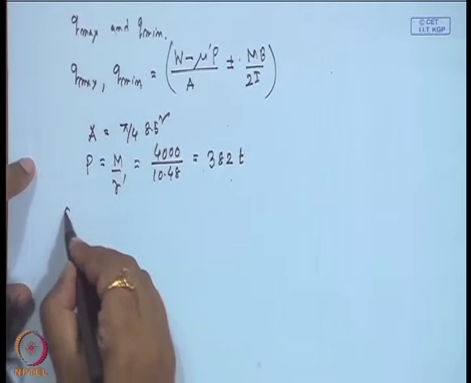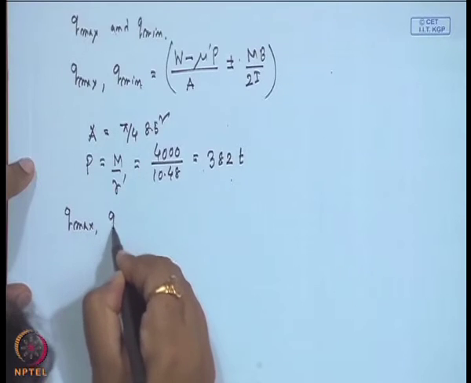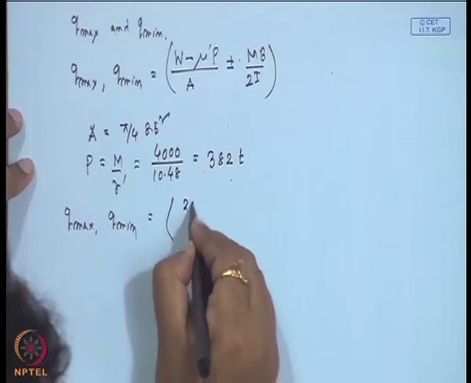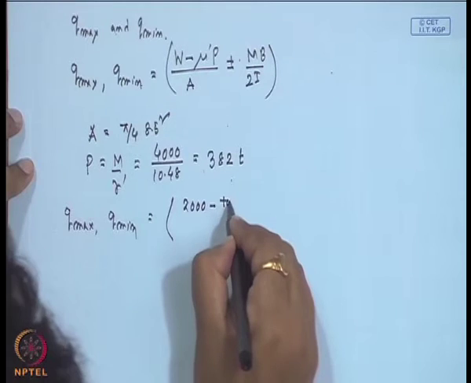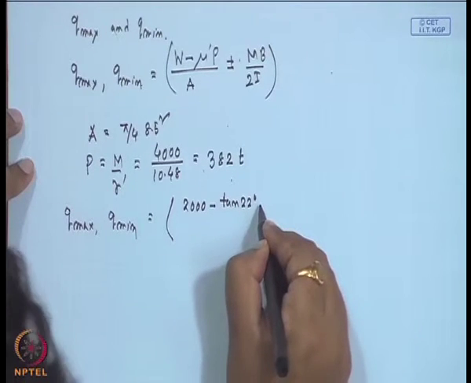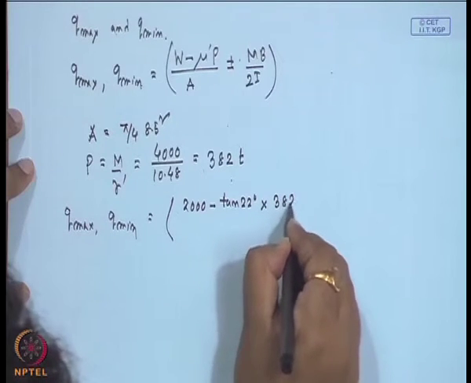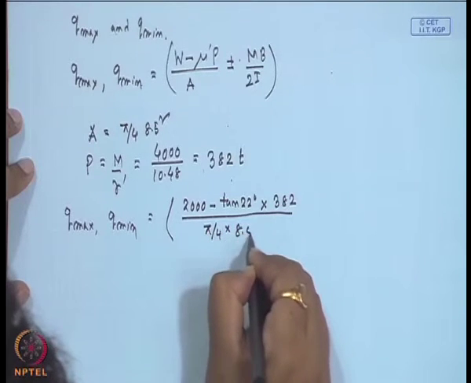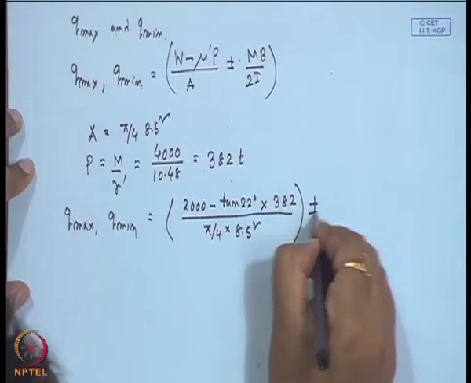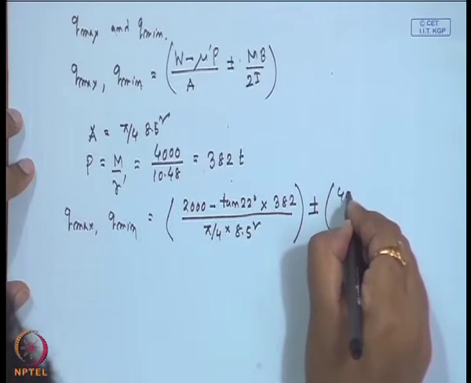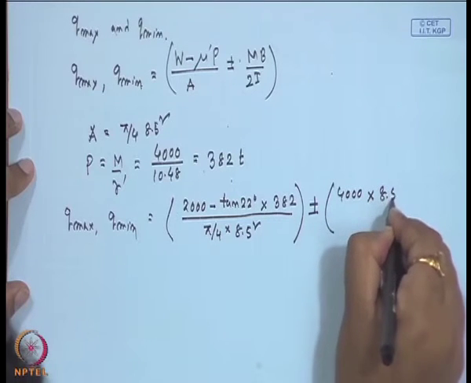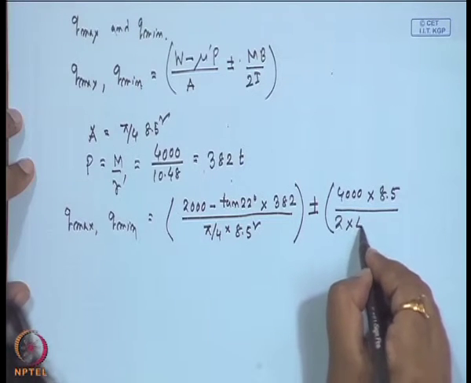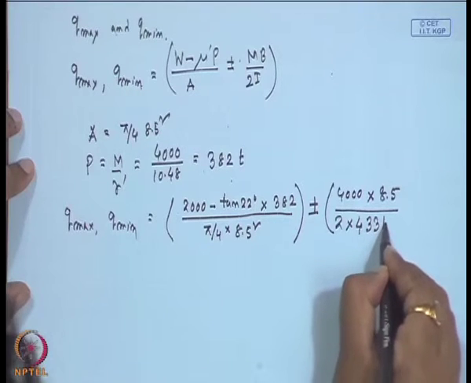Now, if we put these values in Q max and Q min, W is 2000 minus mu dash, that is tan 22 degree, then P is 382, divided by area pi by 4 into 8.5 square, then plus or minus m is 4000, B is 8.5, divided by 2 into I, which is calculated as 4331.06.